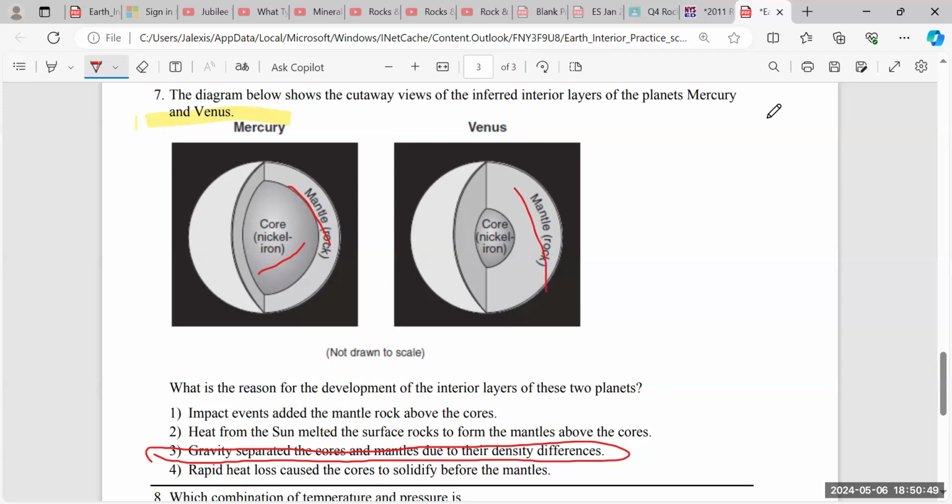The reason why the mantle and the core are separated, and the reason why the core is in the center and the mantle is not, is because of the different densities that these materials have. And so that's why the correct answer is choice 3.